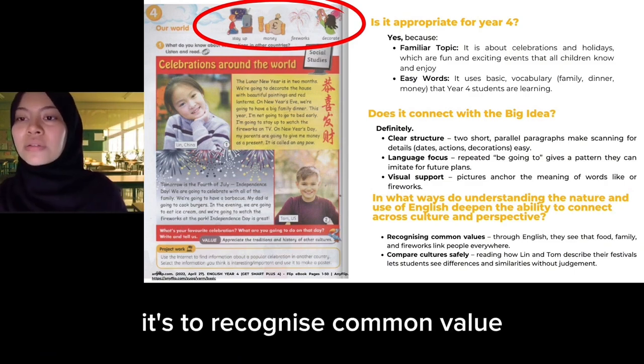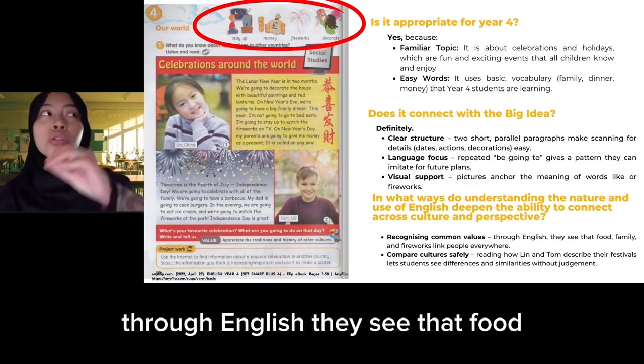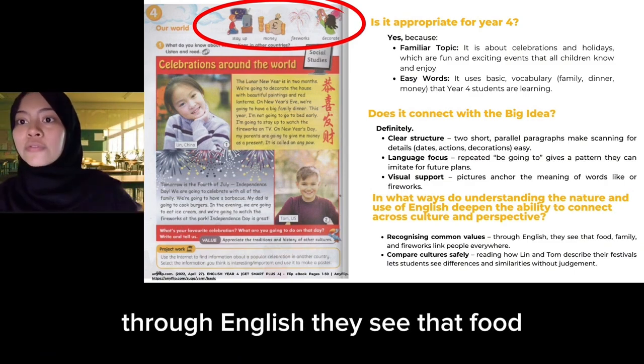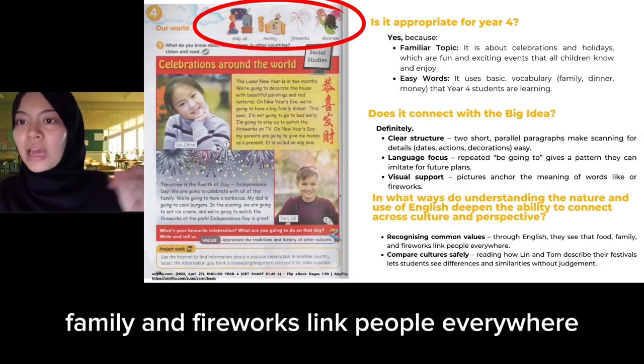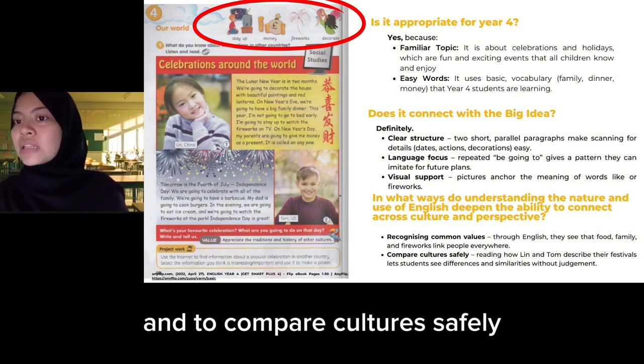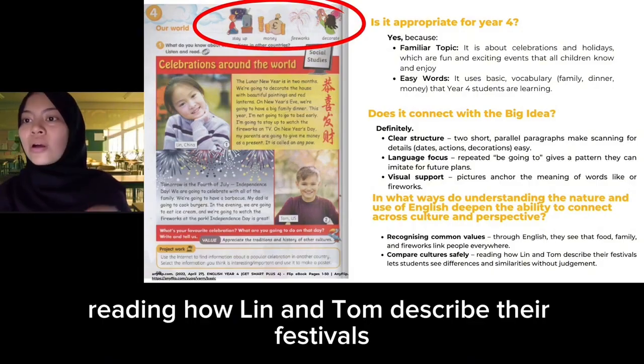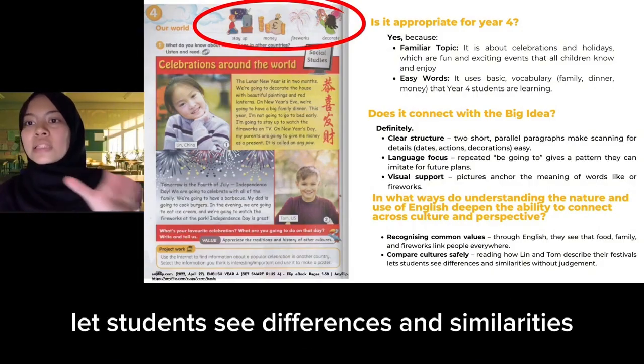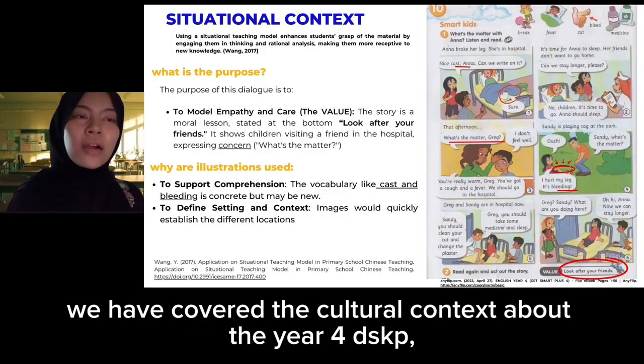Well, first of all, it's to recognize common values. Through English, they see that food, family, and fireworks link people everywhere. And to compare cultures safely, reading how Lynn and Tom describe their festivals lets students see differences and similarities without judgment. So, we have covered the cultural context for the DSKP.